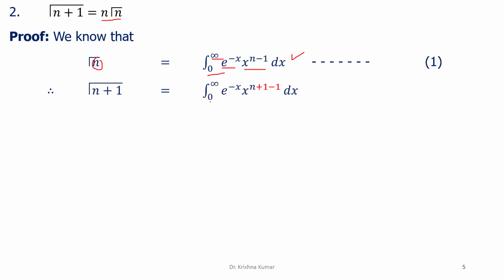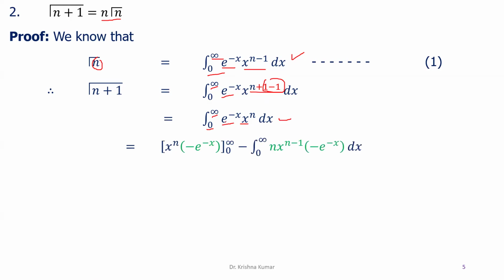So we have the integration under the limit 0 to infinity of e to the power minus x, x to the power n plus 1 minus 1, so x to the power n, with respect to x.